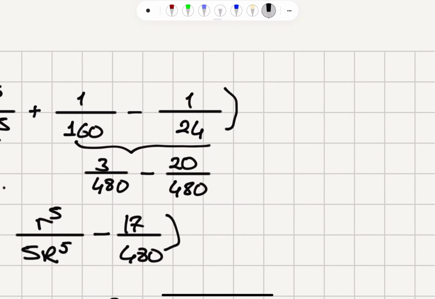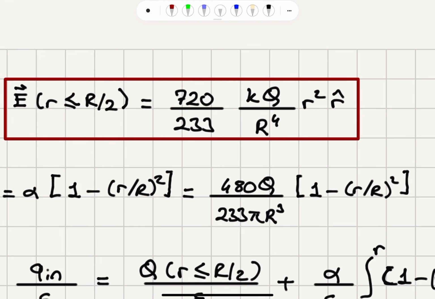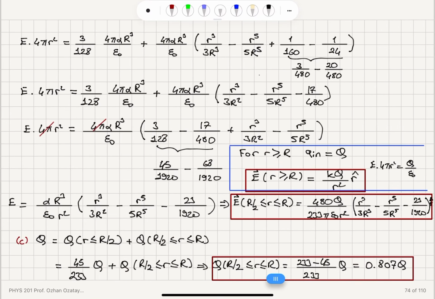The answer I have found from the first region is 720 divided by 233, kQ over capital R to the fourth power, times R squared. For R, I'm now substituting capital R over 2, so it will be capital R squared over 4.